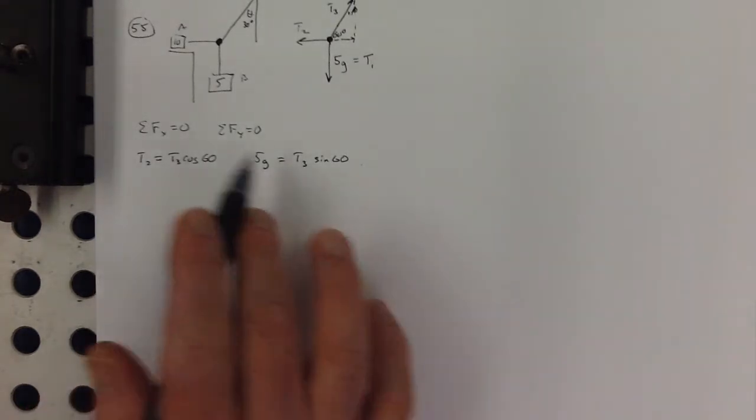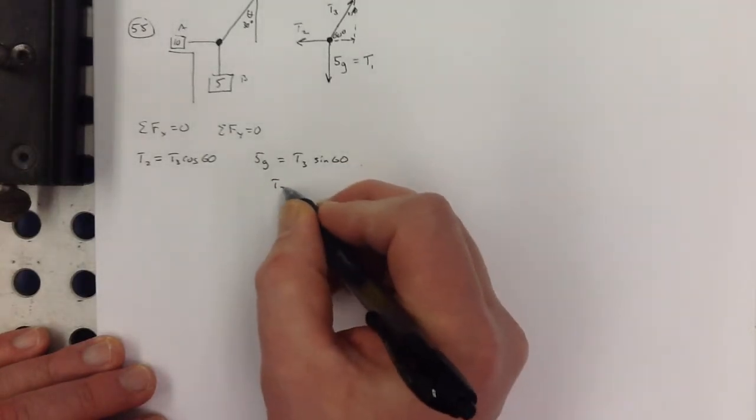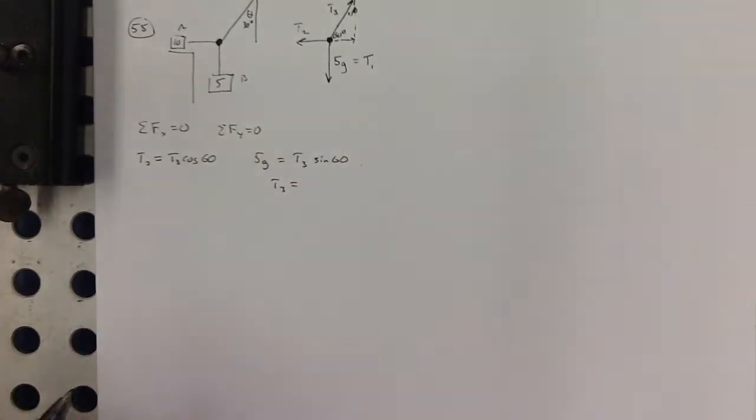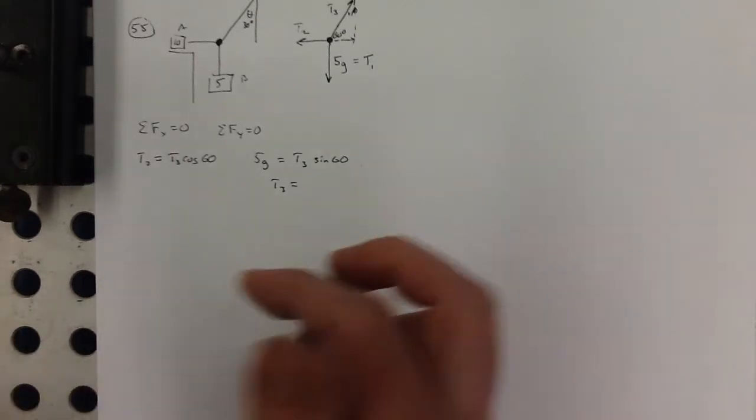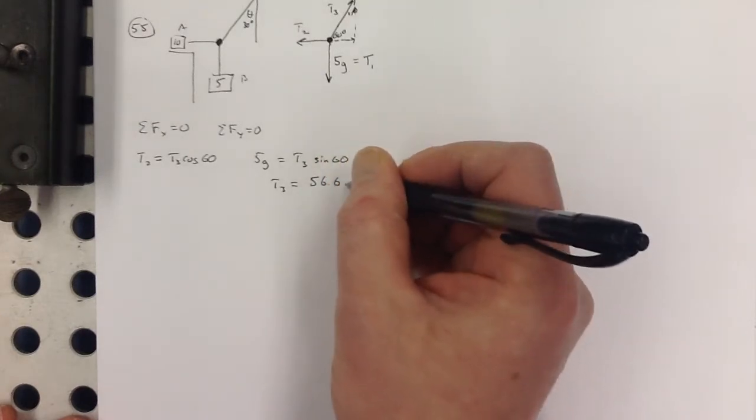So I think we can chain through these equations and figure out first what T3 is. So T3 is 5G divided by the sine of 60. So that would have to be 56.6 newtons.